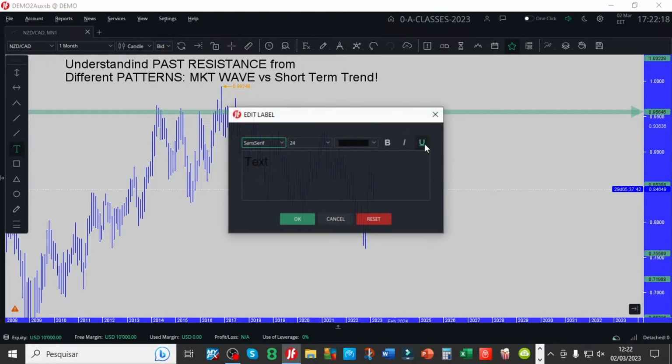If your strategy rule is: I am going to enter only and only at past support or resistance for trend trading or market wave trading.